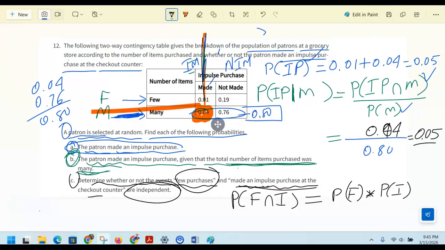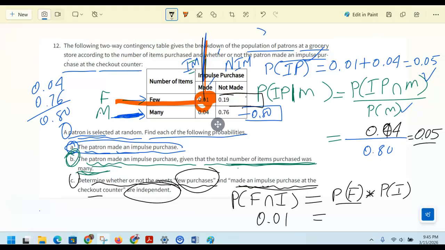So F and I, few and impulsive, is 0.01. And the probability of few is this piece; we add these two to get 0.20, and impulsive.